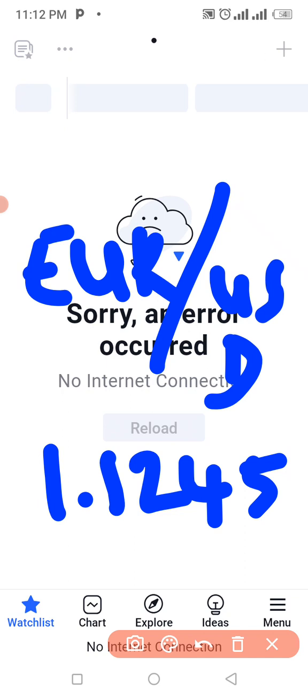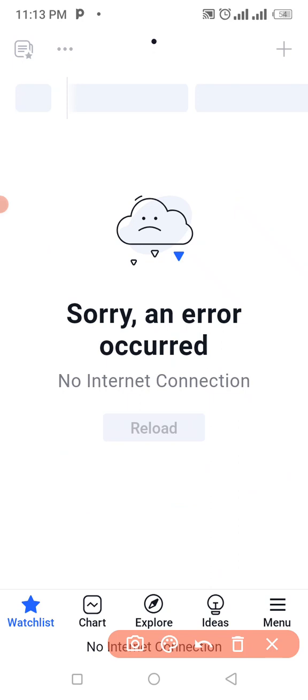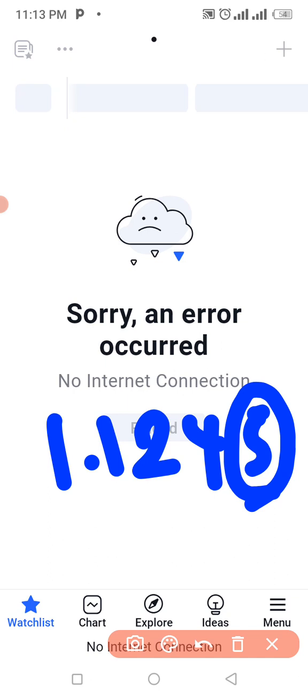That is what it means by pip, the price interest point. So this last digit, the last decimal place, this 5, is what we represent as our pip. For instance, if we have 1.245, the last 5 here is our pip.